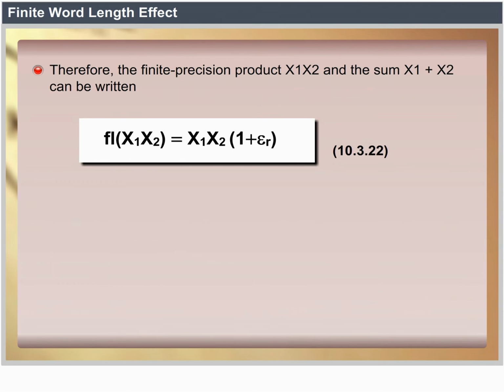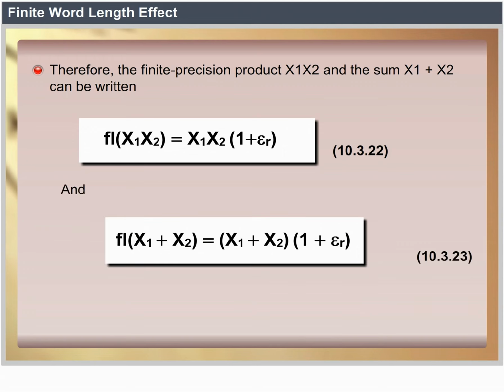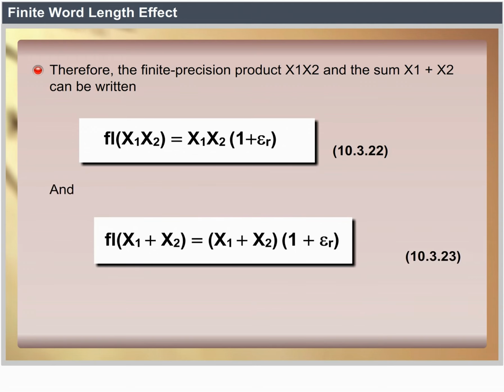Therefore, the finite precision product and sum of x1 and x2 can be written FL(x1 x2) = x1 x2 (1 + epsilon_r), called equation 10.3.22, and FL(x1 + x2) = (x1 + x2)(1 + epsilon_r), called equation 10.3.23, where epsilon_r is zero mean with the variance of 10.3.20.